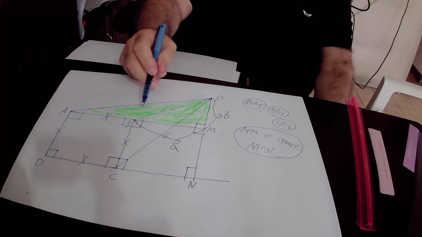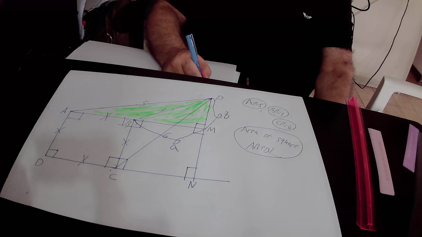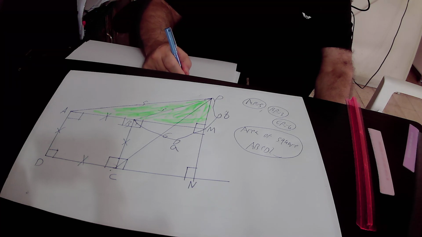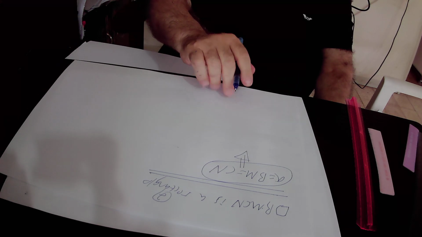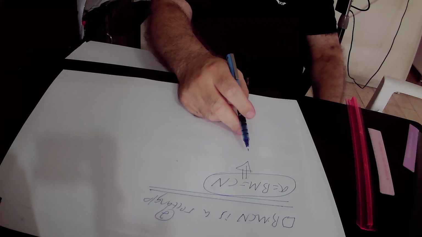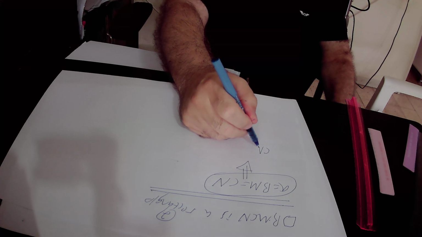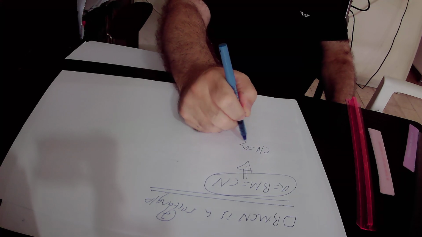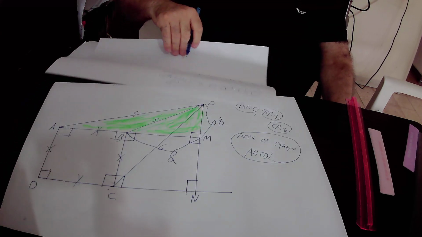But we have, according to our definition, BM equals A. So from this equation, A equals BM equals CN, we will derive that CN is also equal to A. CN equals A.